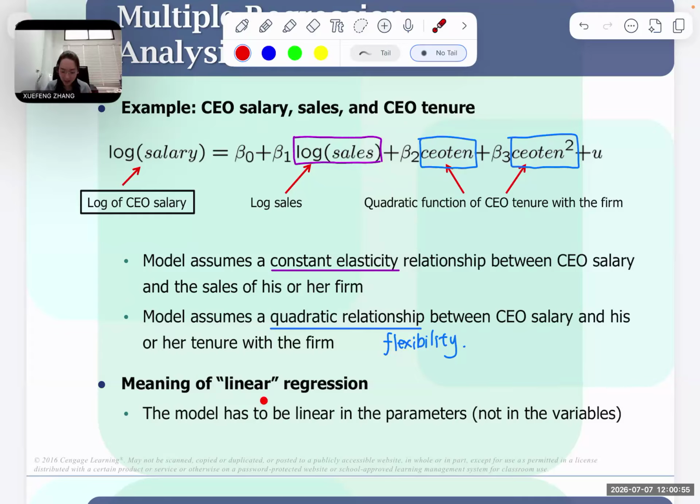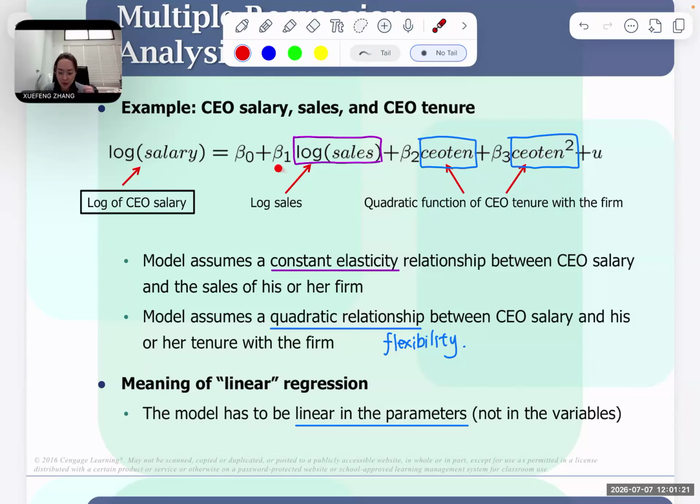What linear really means is linear in parameters, not in the variables. Linear in parameters means beta 1, beta 2, beta 3, each beta multiplies its term and they simply add up. We don't have beta squared.